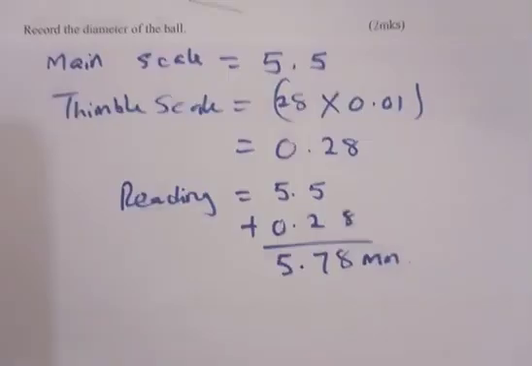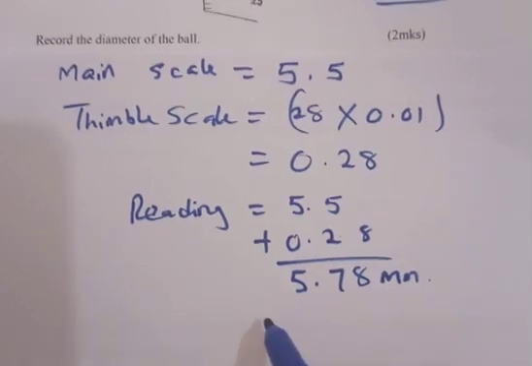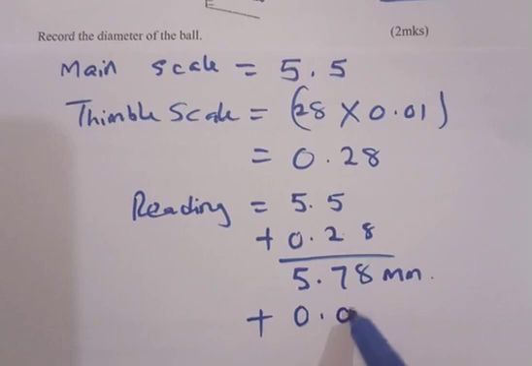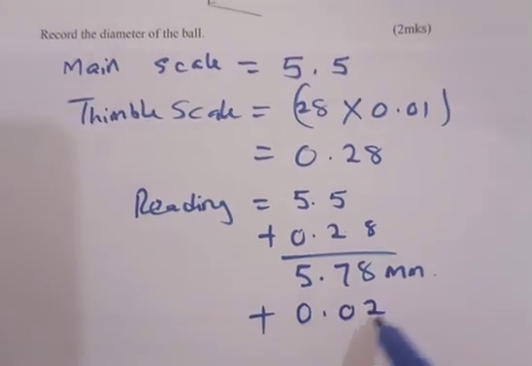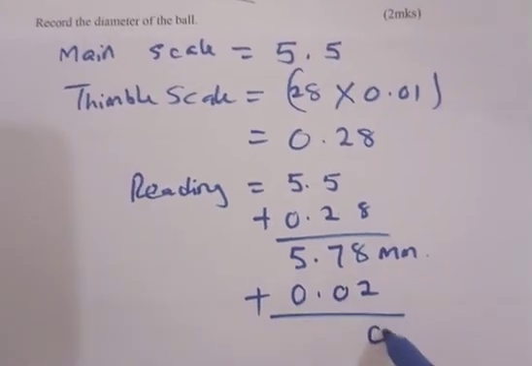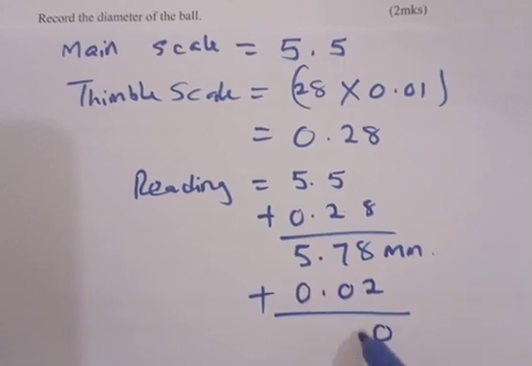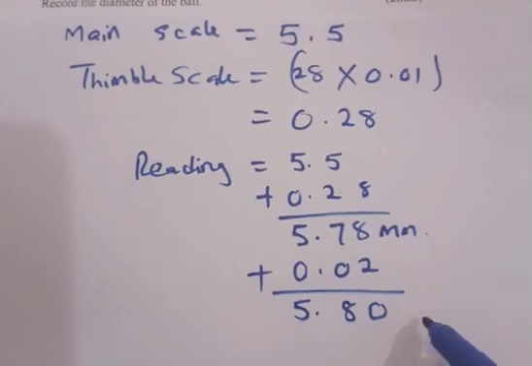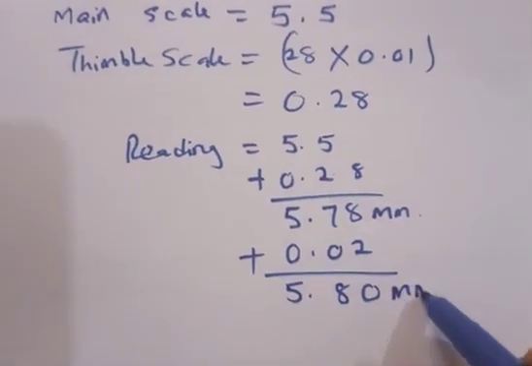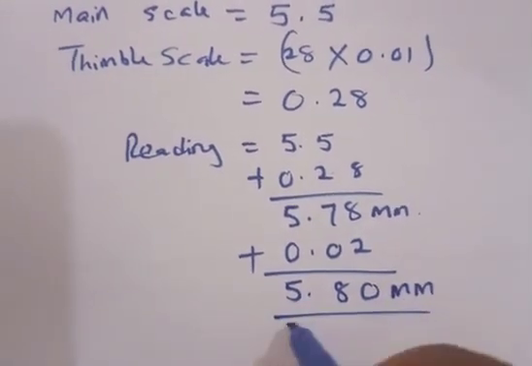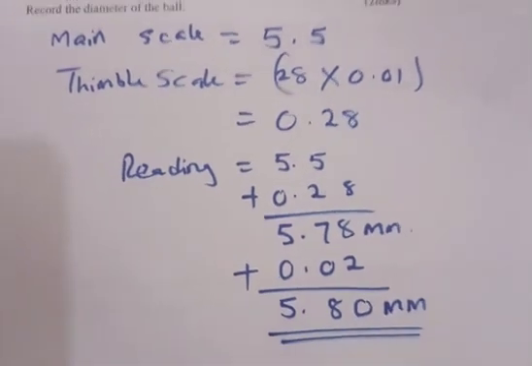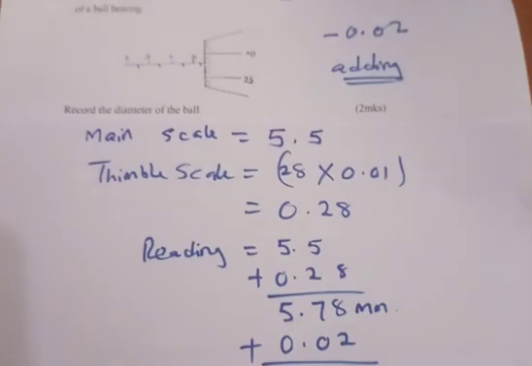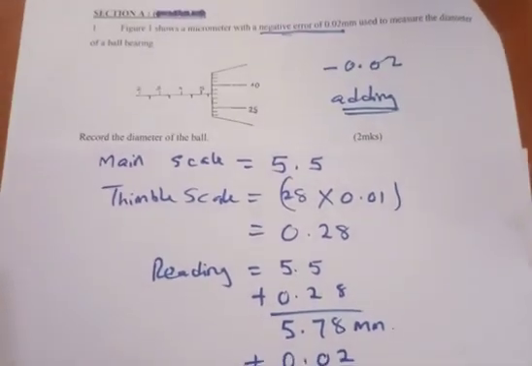So we're going to add 0.02 to the reading that we already have, because this is a negative error, and therefore we are going to have the final reading as 5.80 millimeters. That will be the reading of the micrometer screw gauge in that figure.